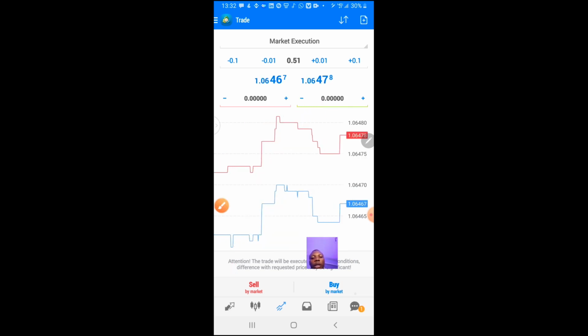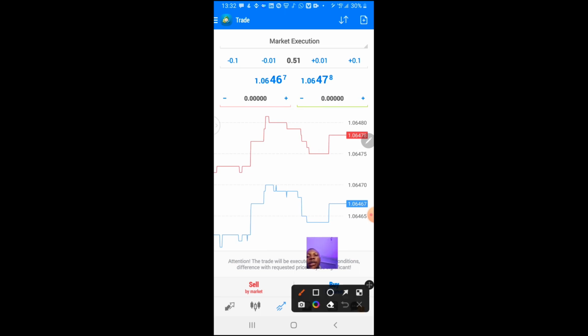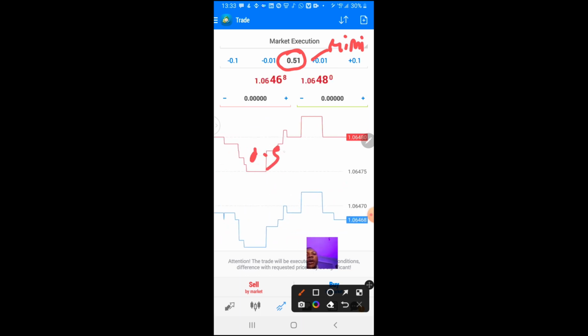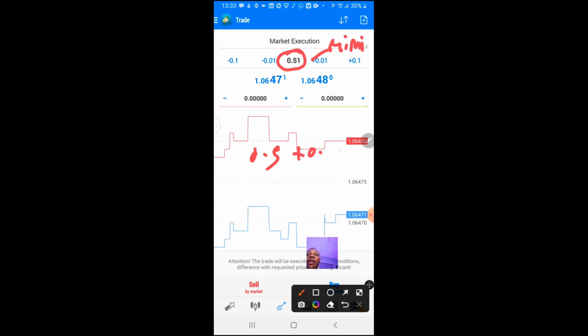So with this, you can see that our lot sizing here is at 0.50. It means this lot sizing is at mini. 0.50 is the same as 0.5. Okay, now this 0.51 stands for 0.5 plus 0.01, which is 10 cents.